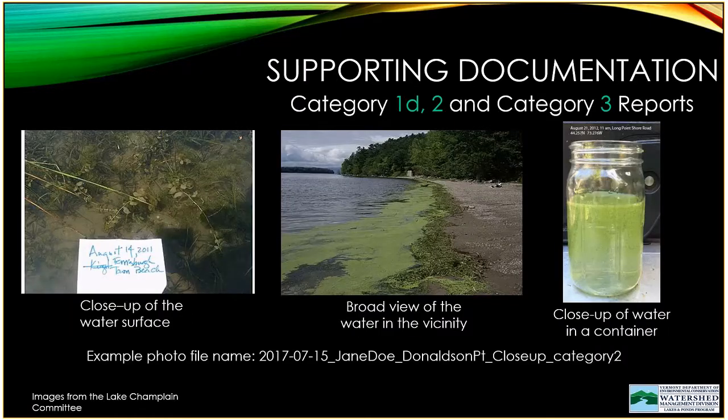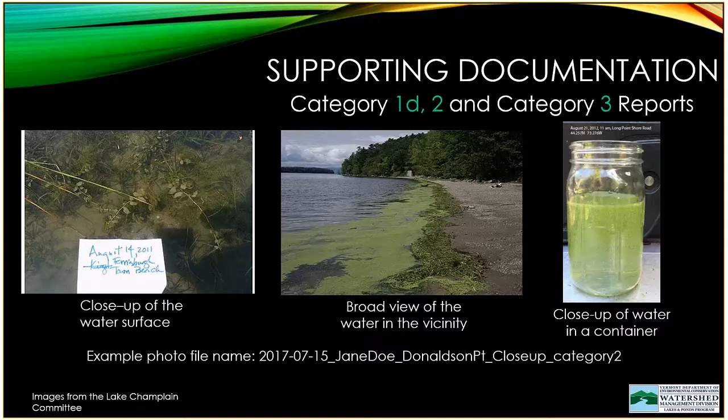If you think you see cyanobacteria, we would like you to take photographs. So if you are going to send in a report that includes a category 1D, a category 2, or a category 3, we would like you to provide photographs to help us interpret and understand and confirm what you are reporting. You'll take a close-up of the water surface, as you can see in the image on the left.